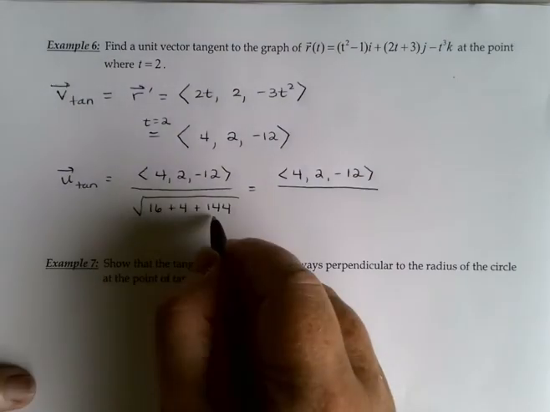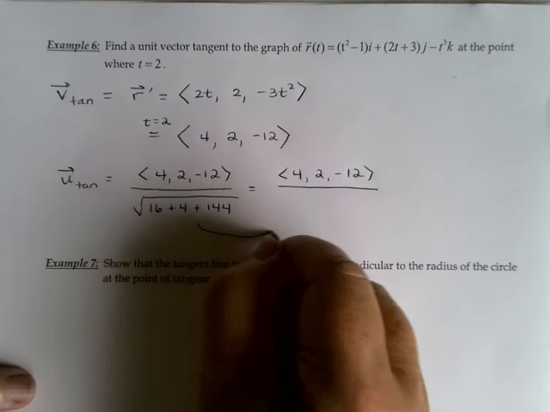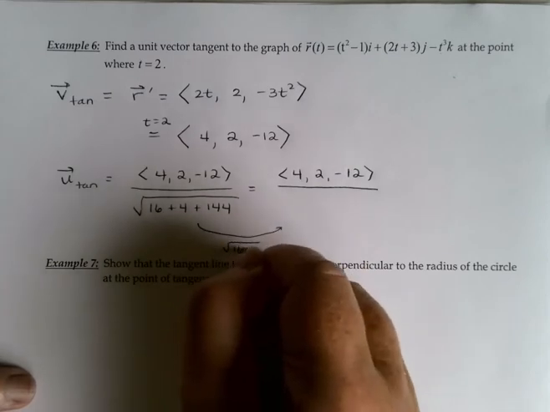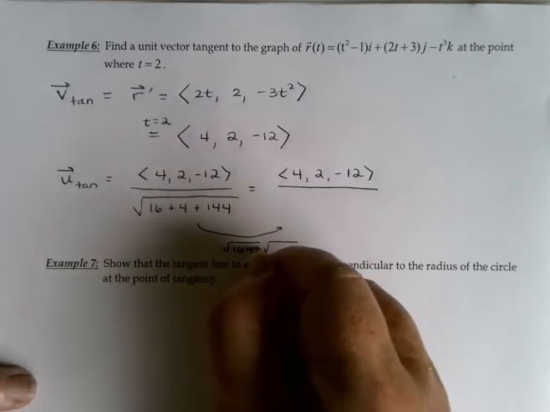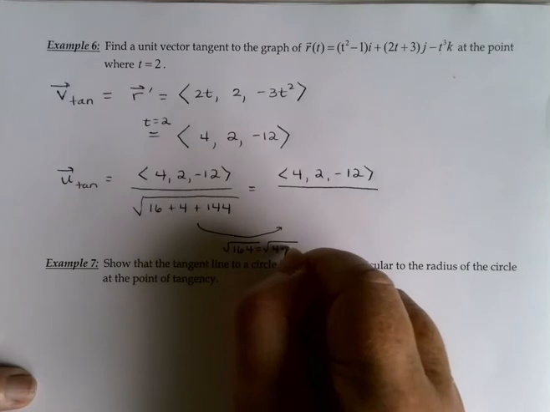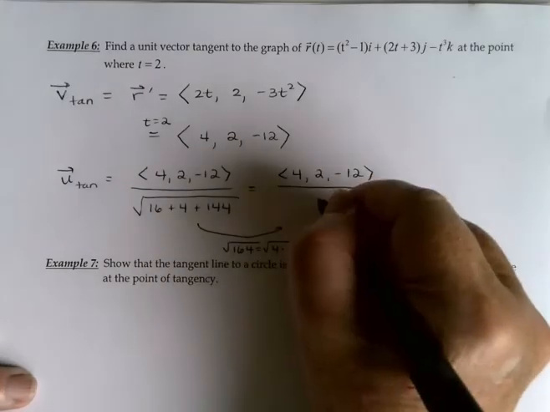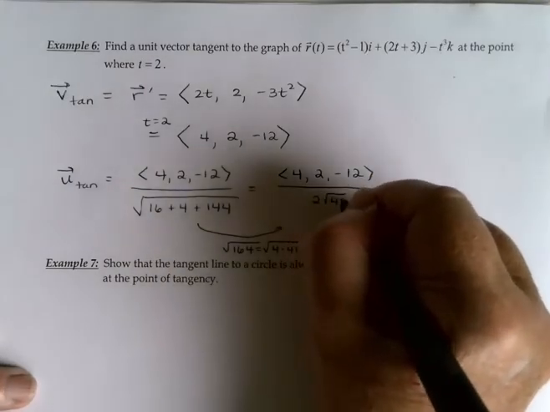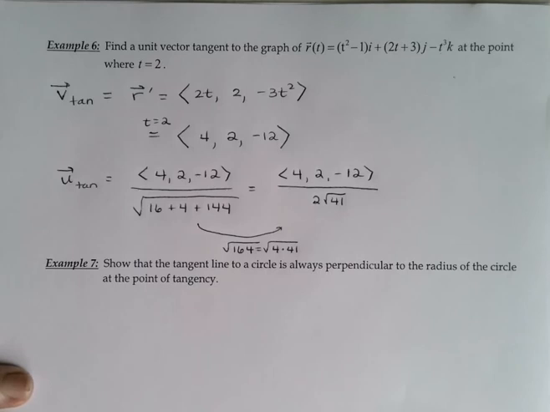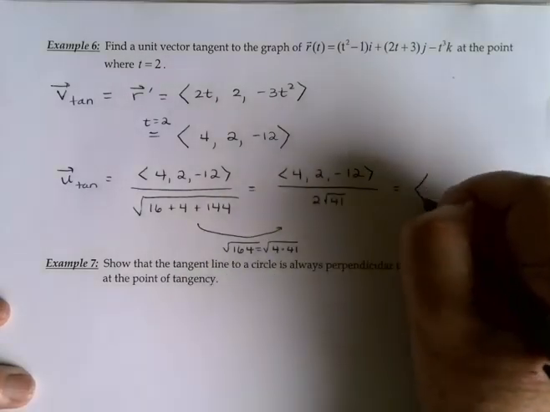What do we got there? 144 and 20 would be 164, which would be 4 times 41, so 2 square root 41 on the bottom. And that means I can simplify just a little bit.